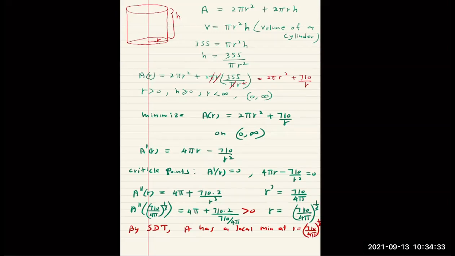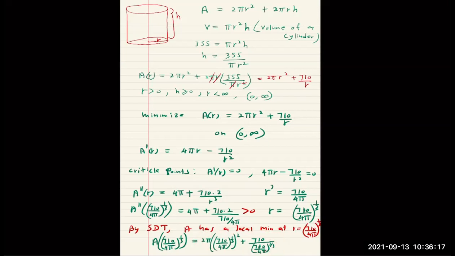Next, I'm going to find the function value at that point. So let me find A of 710 divided by 4 pi to the power 1/3, to find the local minimum value.